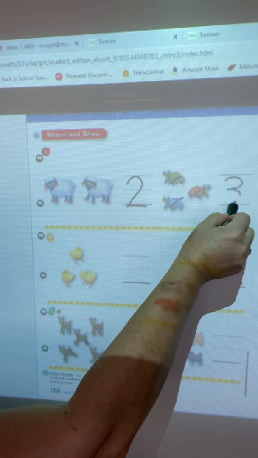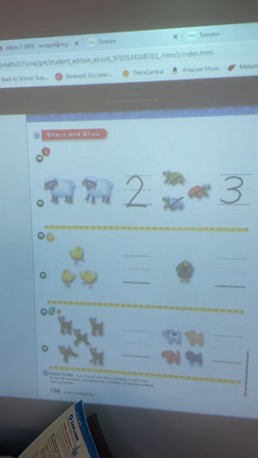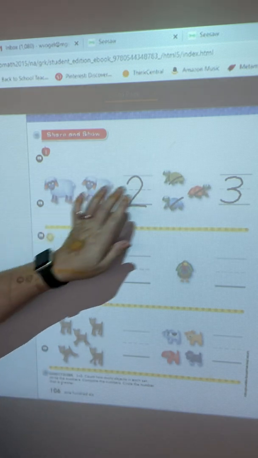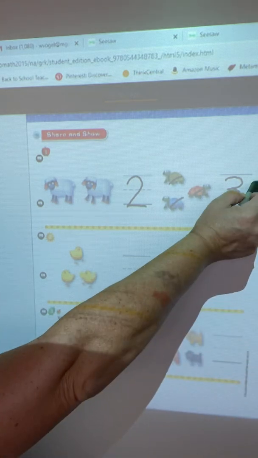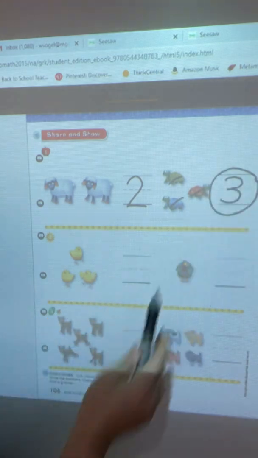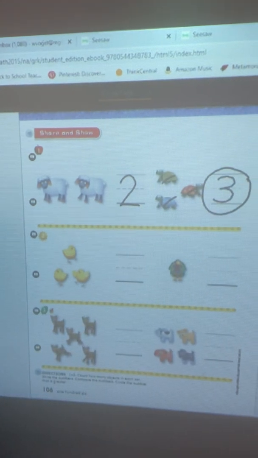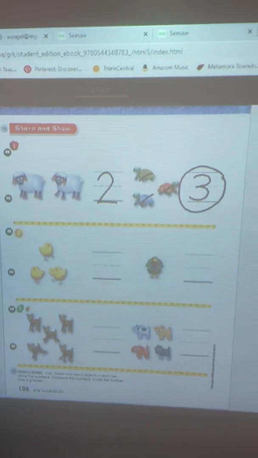I see 3 turtles, so we'll write that on there. We're going to compare now 2 and 3, and I want to find out which one is greater. Which one is greater, 2 or 3? If you said 3, you are correct. Please circle 3 so I know that you know it is the greater of the 2 numbers.